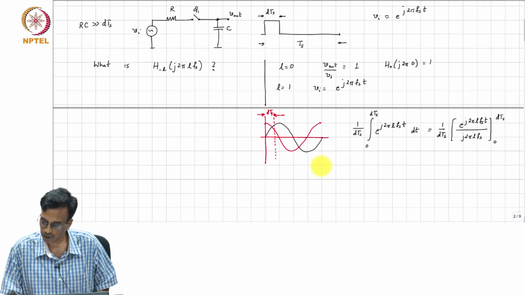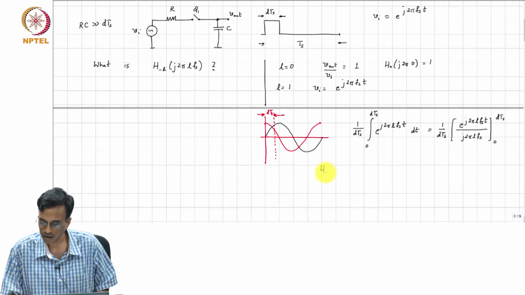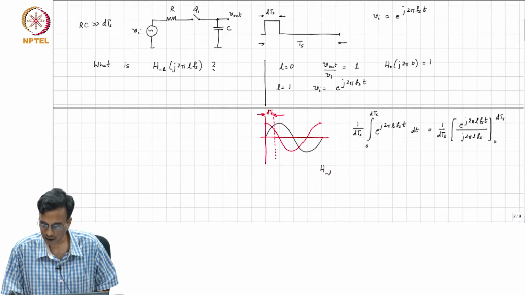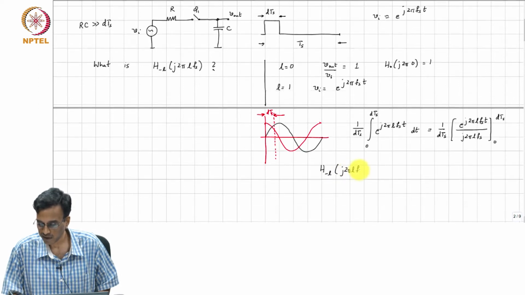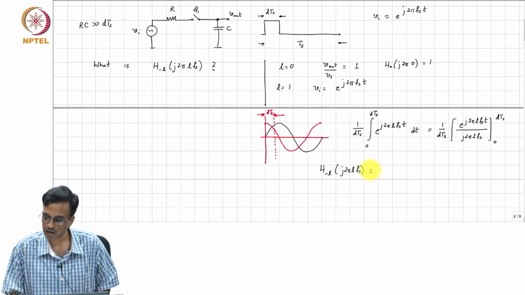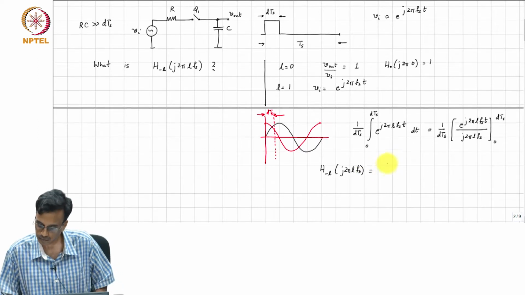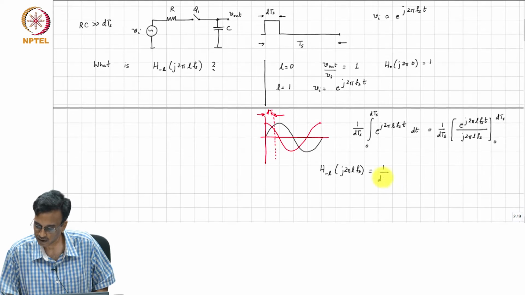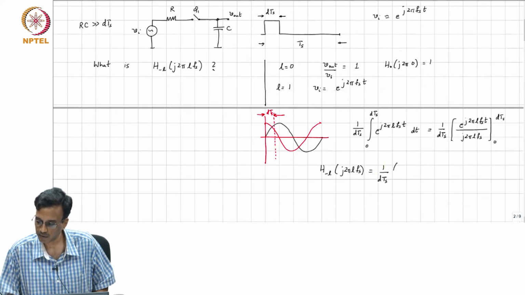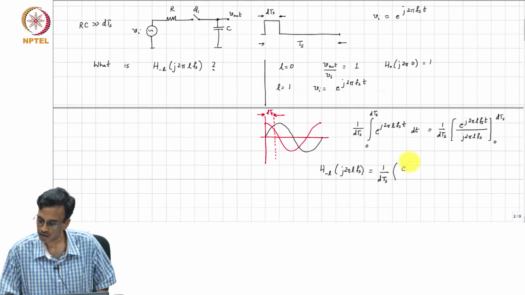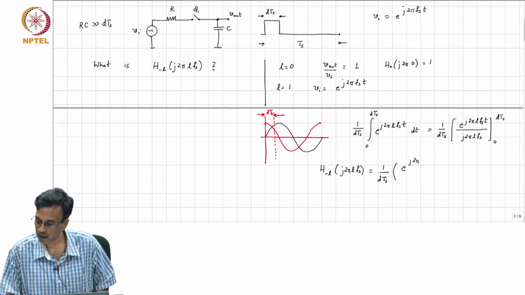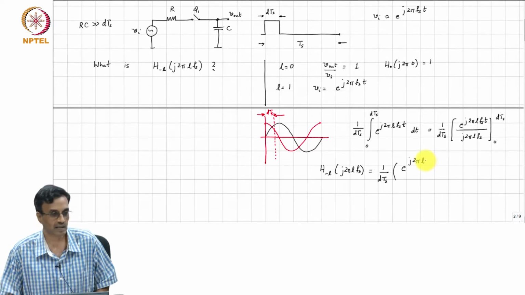So, H sub minus L of j 2 pi L Fs is given by 1 over DTs times e to the j 2 pi L Fs times Ts, which is 1.